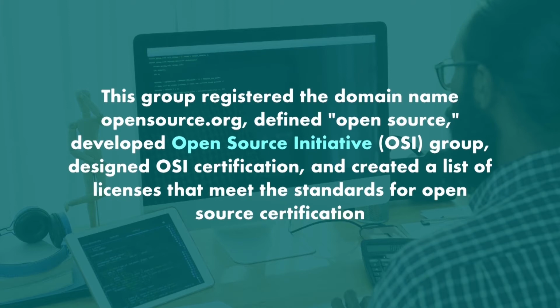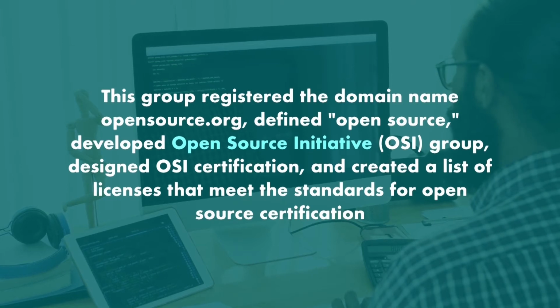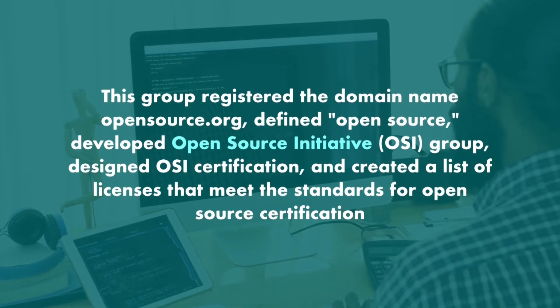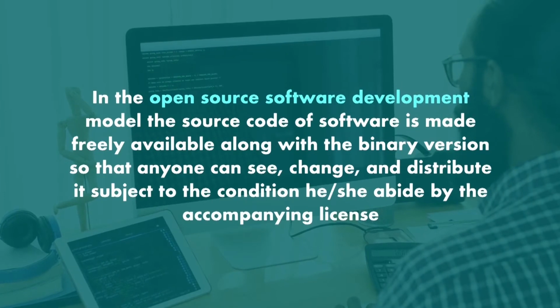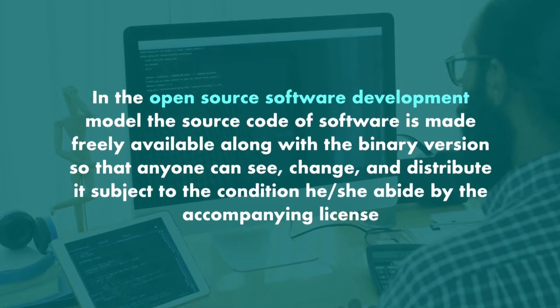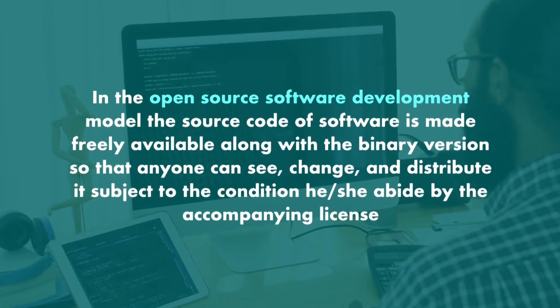They created the opensource.org domain. You can go to this site and check their different principles and practices. They have designed OSI certification, different kinds of licenses, etc. So open source became very popular, the concept became very popular right from 1997, after the FSF movement created by Richard Stallman.